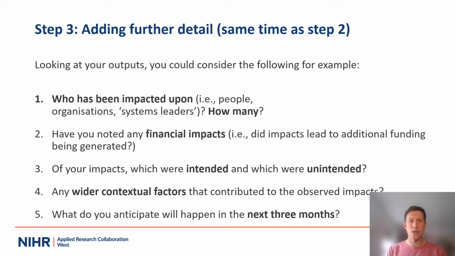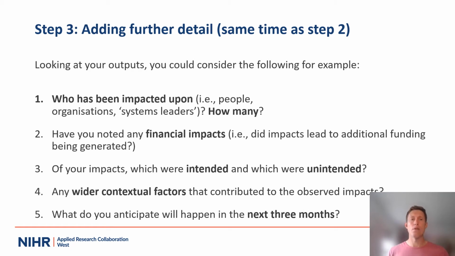This is trying to get people to think about what they want to happen, or what they anticipate is going to happen within the next 3 months of their project. This is why I said before that it's useful to include 3 months from the present day on the timeline that you draw out. So here, we ask people to map out what they expect is going to happen in the next 3 months.